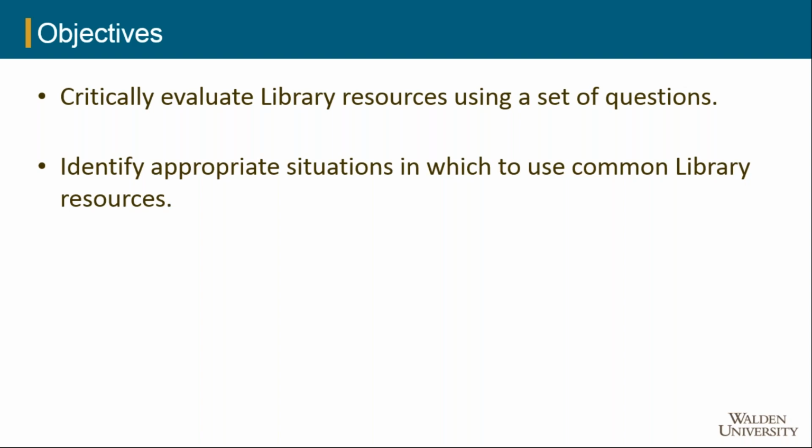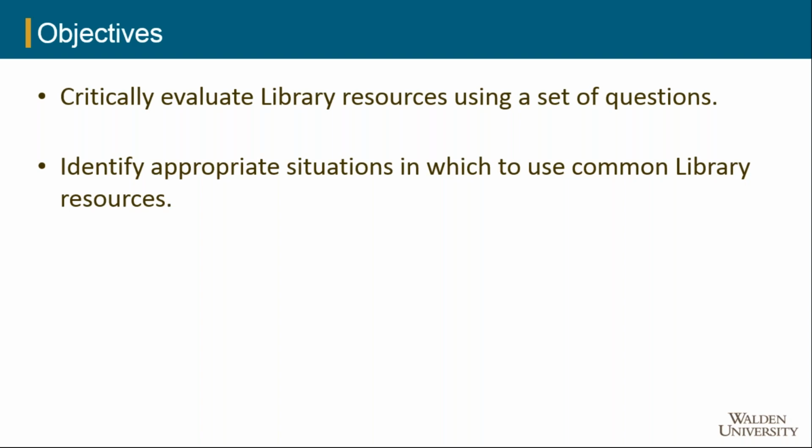Our objectives in this particular webinar: we're going to look at a set of questions that you can use to evaluate library resources. There are a lot of different tactics for evaluation, and we have a whole guide that mentions a few different ways that you can evaluate a resource. But in this webinar session, we're going to look at a set of questions you can use to think critically about any resource that you find.